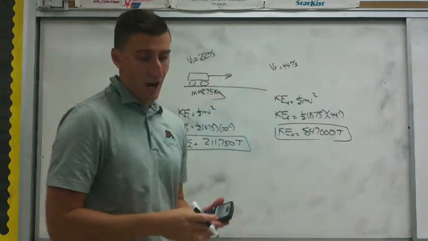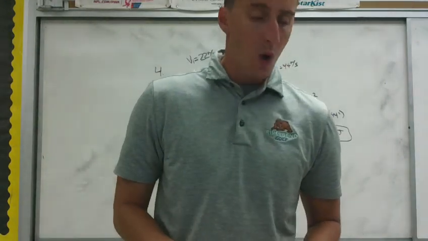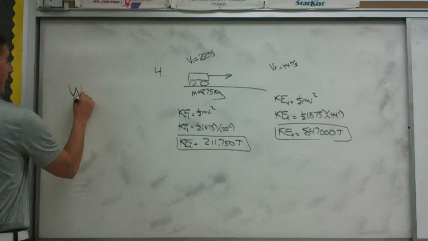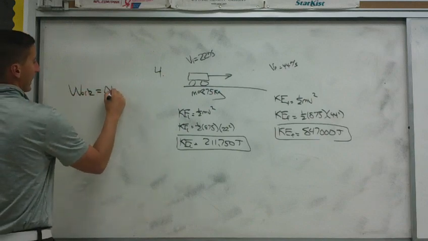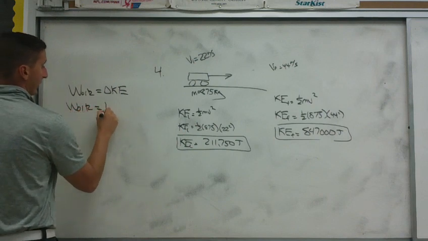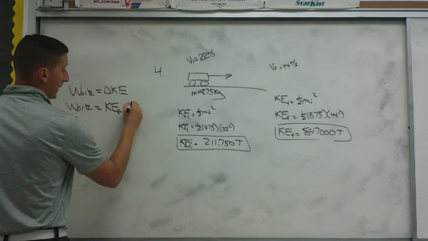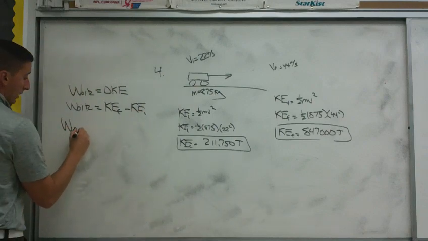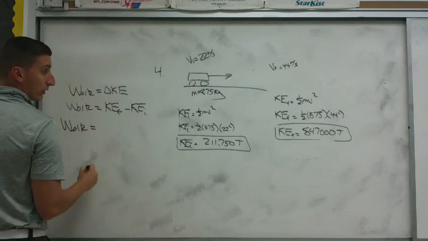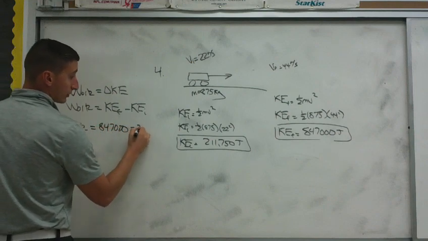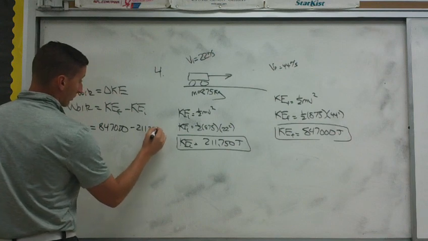All right, so I found my initial and final energies. Work is change in energy, right? Work is equal to delta KE. In other words, work is equal to KE final minus KE initial. So I plug in. Work equals 847,123 minus 211,750.